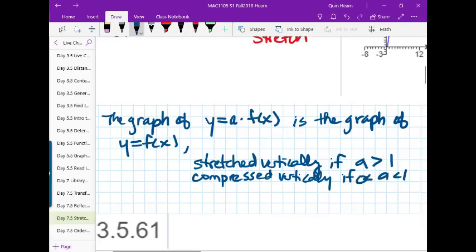I don't just say less than 1 here because I don't want negatives. If there's a negative, that's a different thing. That's a reflection, right? We already talked about that.